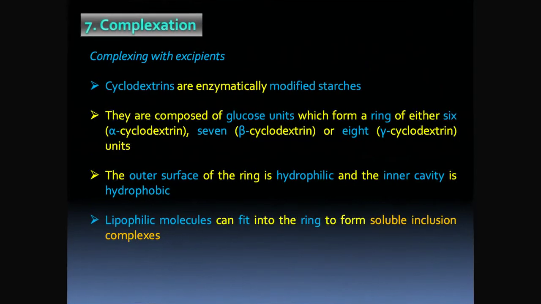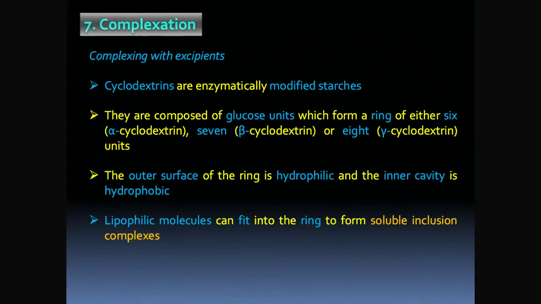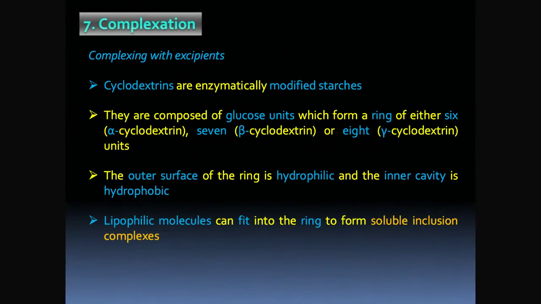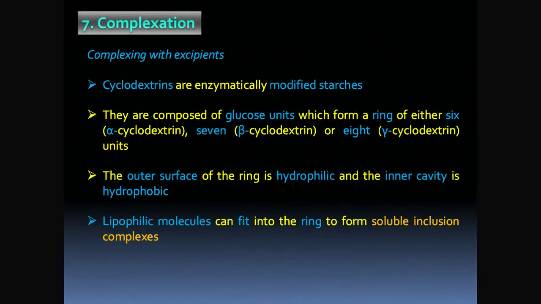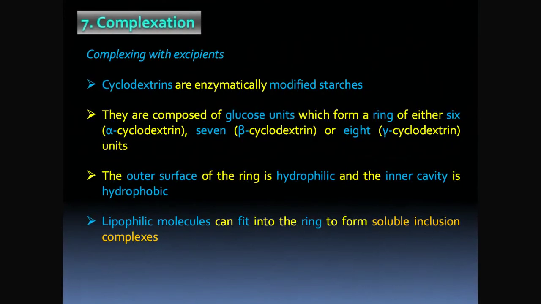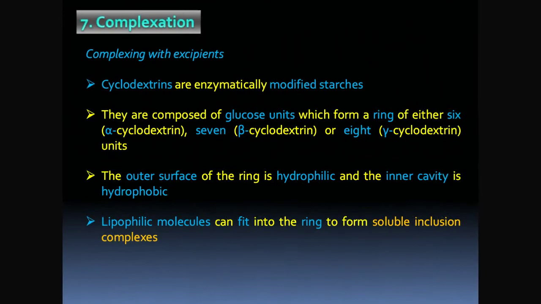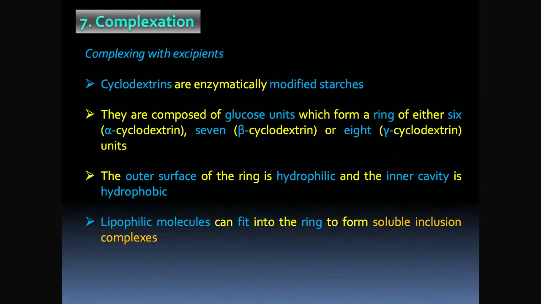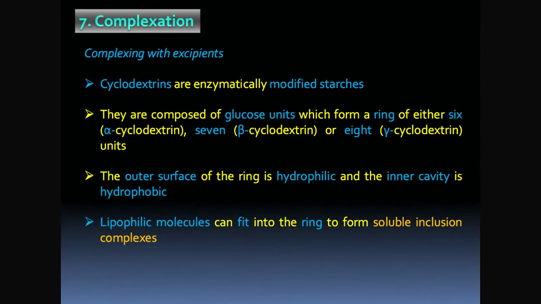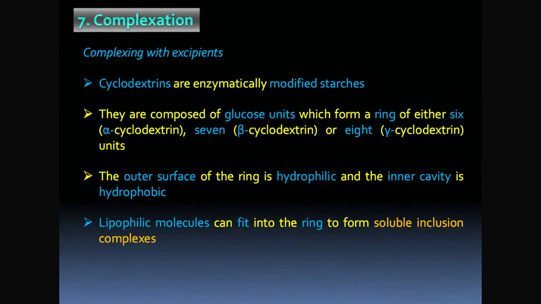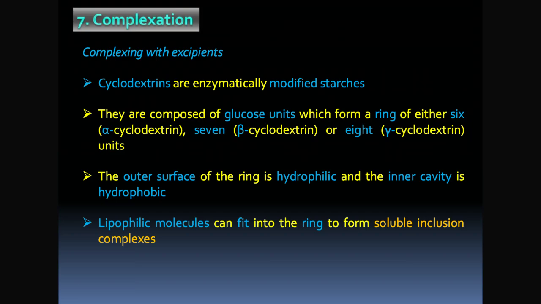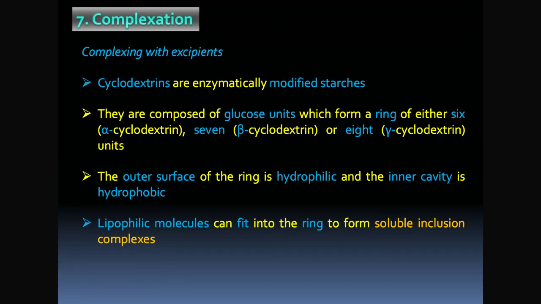Lipophilic drug molecules can then be sequestered within this central void to form a soluble inclusion complex. By shielding a water-insoluble drug inside this molecular host, the entire complex achieves high solubility in the aqueous gastrointestinal environment. How does this specific physical encapsulation fundamentally alter the concentration gradient at the biological membrane compared to a free, insoluble drug particle?